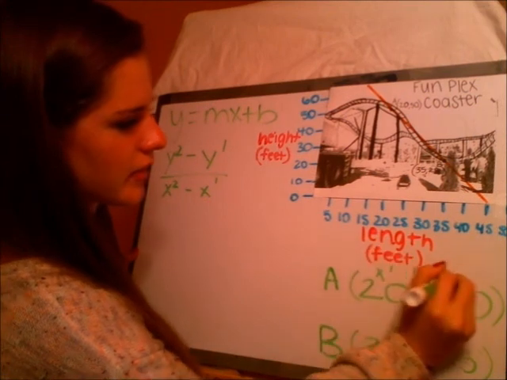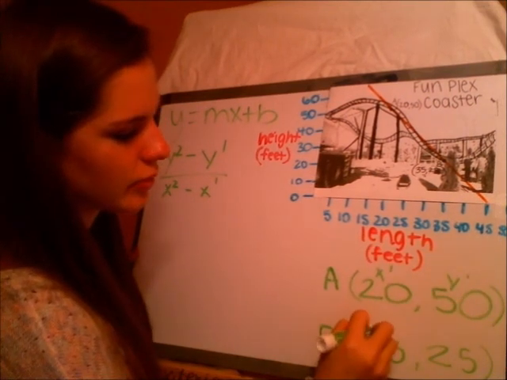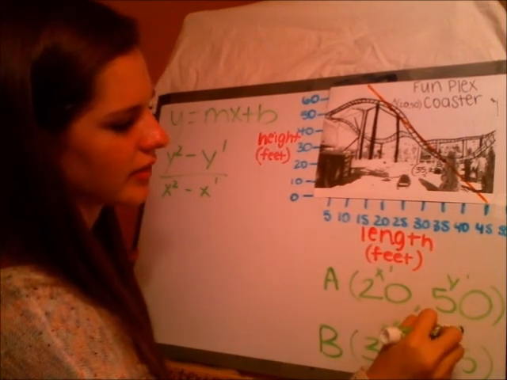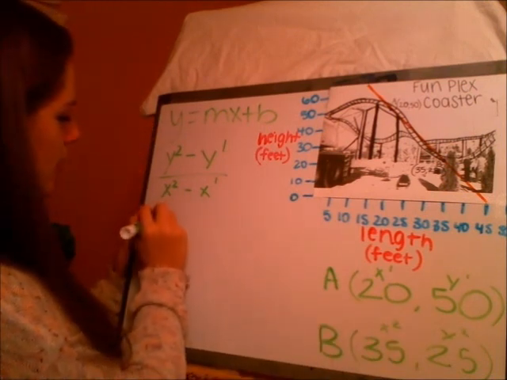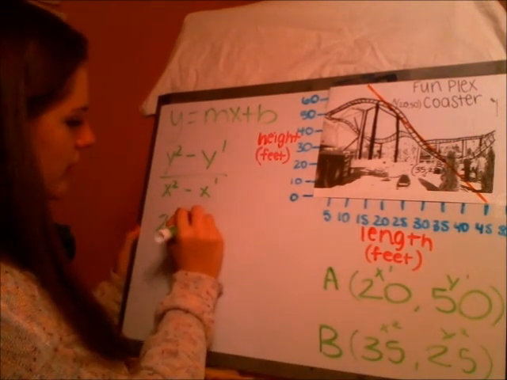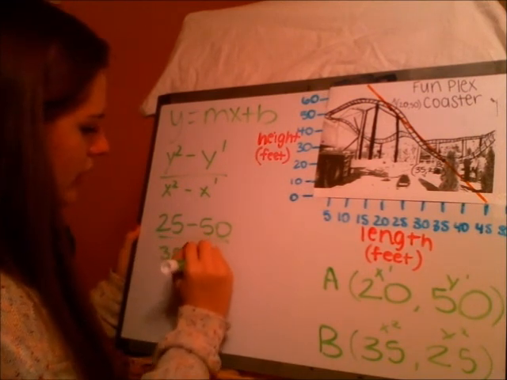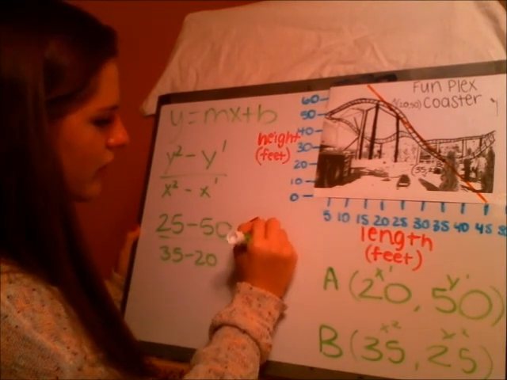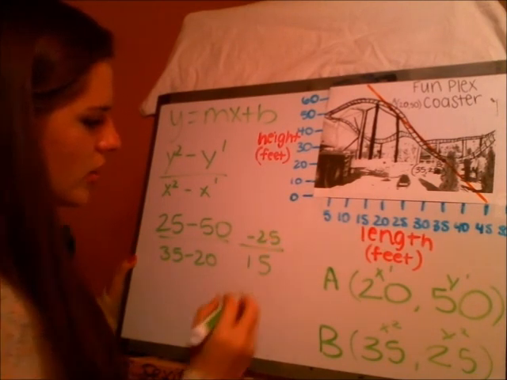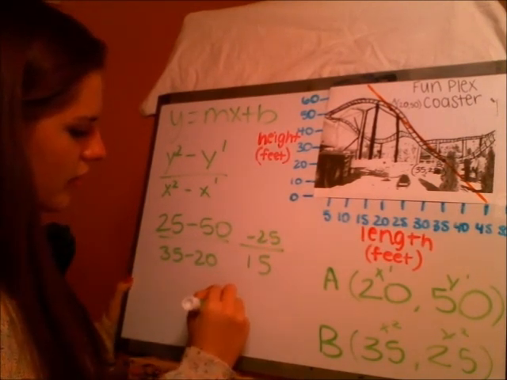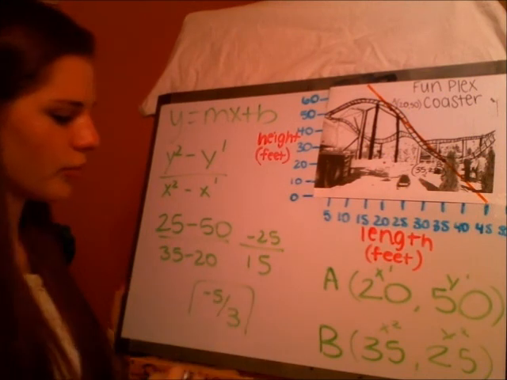If you plug them in, it would look like 25 minus 50 over 35 minus 20, which would be negative 25 over 15, which reduces to negative 5 over 3. This would be your slope.